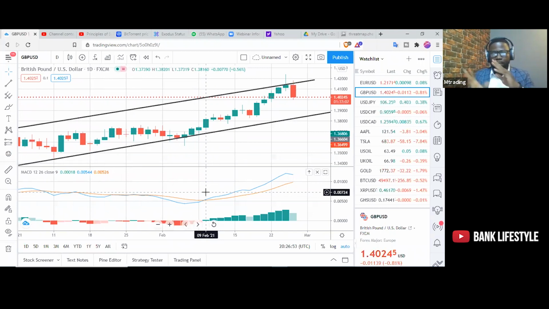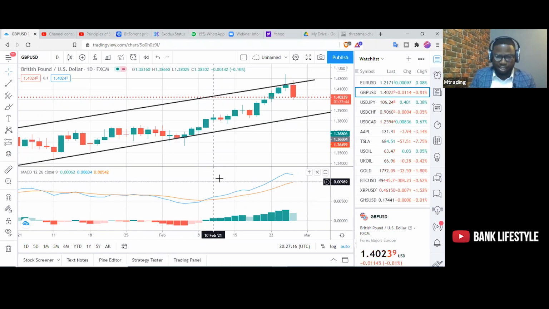At any point when you are using the MACD, you should be focused on the cross. Whenever the fast and slow moving averages cross, you should focus right there and know that there can be a change of trend.